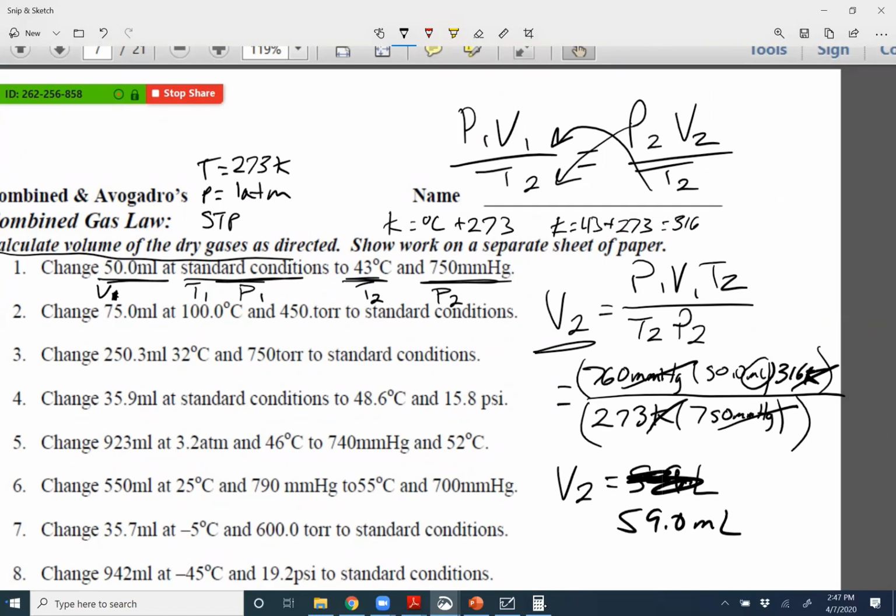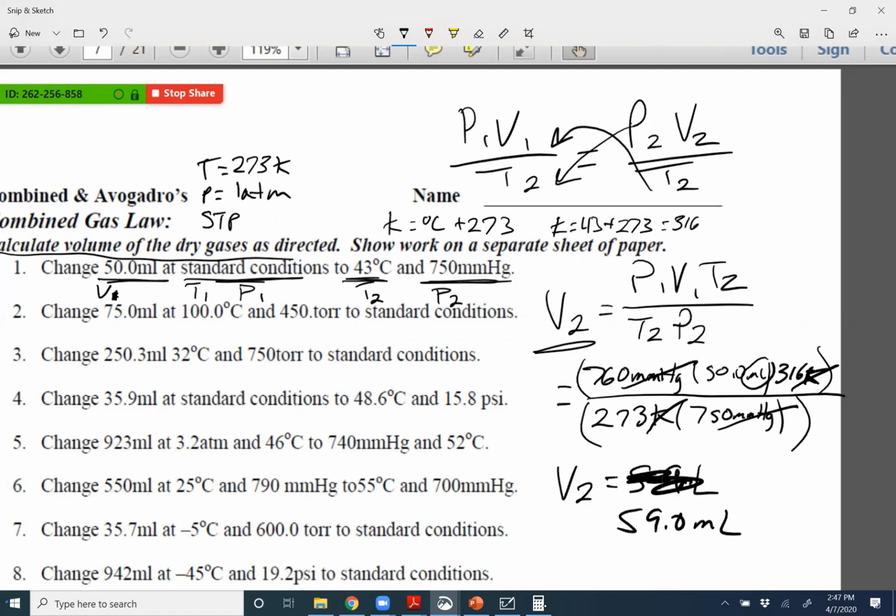The big thing was the change in the temperature. The temperature went up from 0 to 43. So an increase in temperature should also cause an increase in volume. So our answer should be bigger than 50. So getting 5.9 was obviously wrong. I knew I hit some wrong button. I probably did 75 instead of 750.